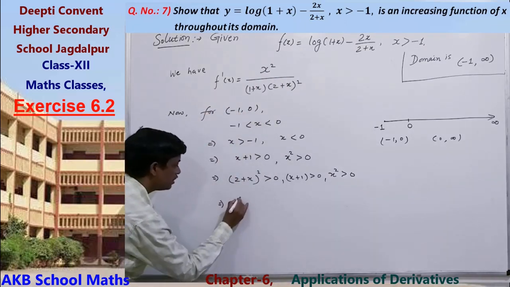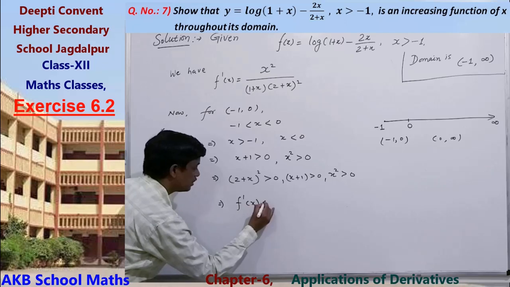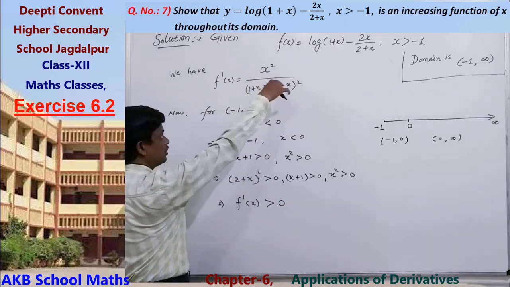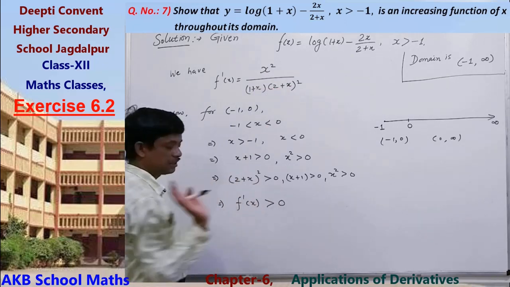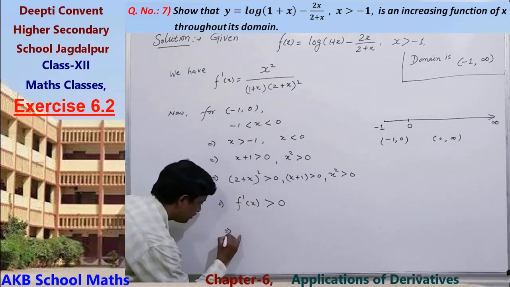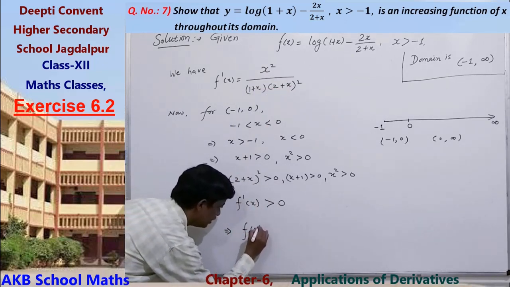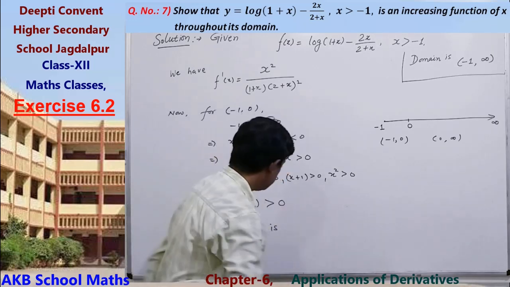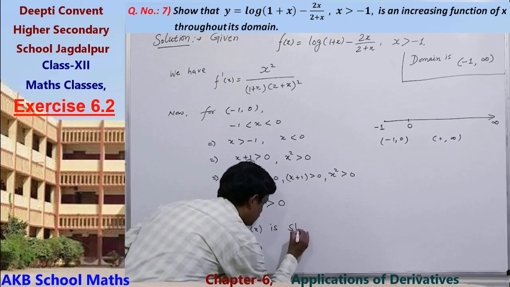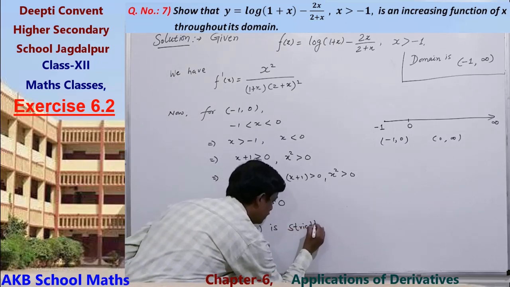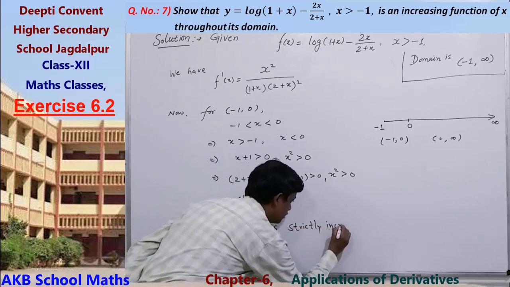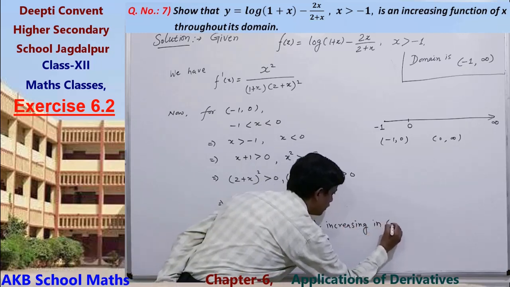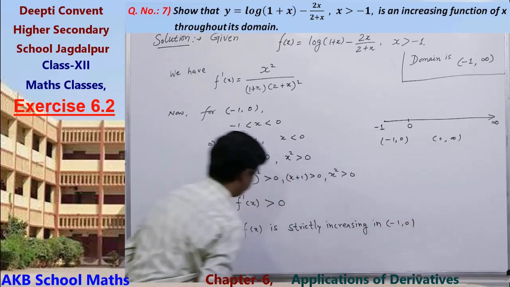So f dash x is greater than 0, that's why f dash x is greater than 0. This implies f of x is strictly increasing in minus 1 to 0.